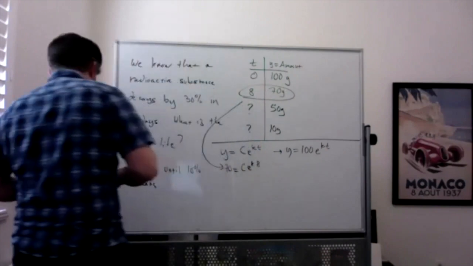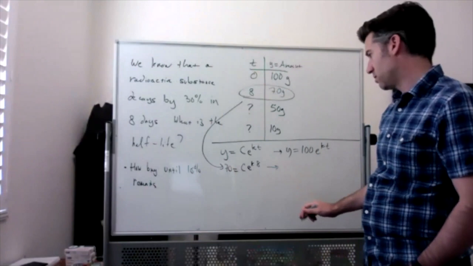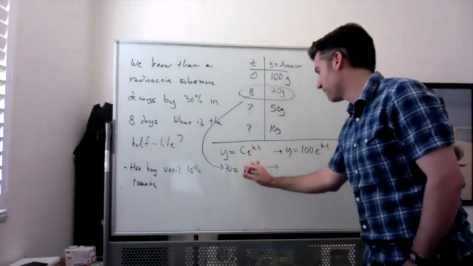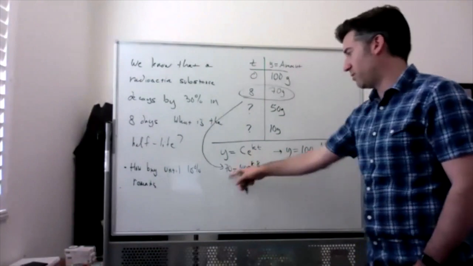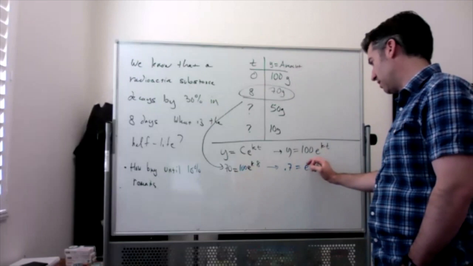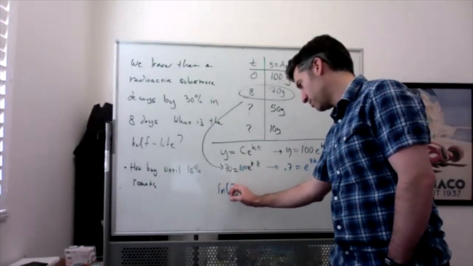I should try and not use up my black pencil. Right ones. So solving for k, I get, let's see. I'm sorry, I forgot to plug in the c, the 100 being c there. Sorry about that. So divide both sides by 100. You get 0.7 on the left equals e to the 8k. Take the natural log of both sides.